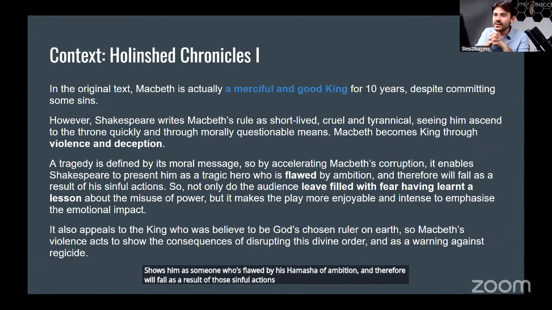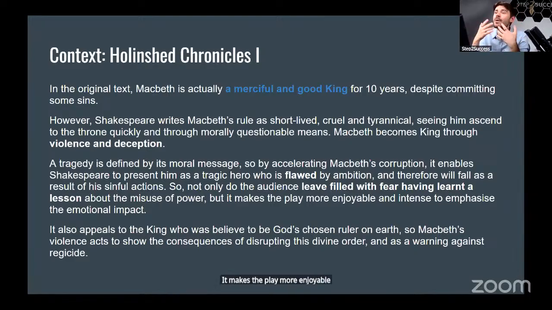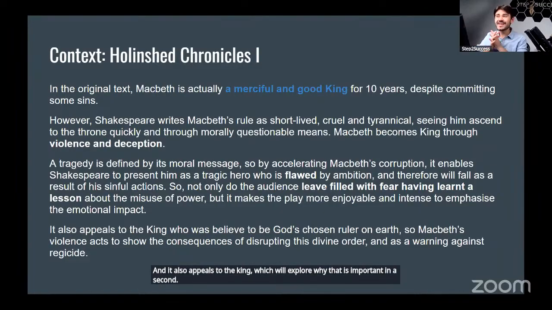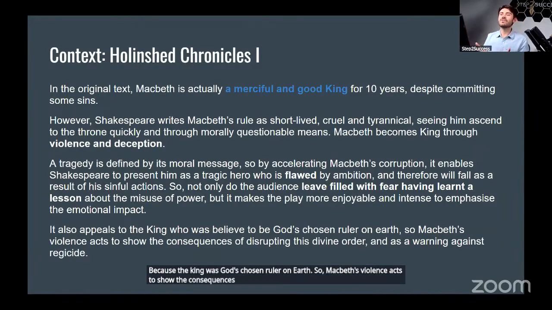So not only do the audience leave feeling fear because they're scared that they shouldn't commit bad, sinful acts, but they also learn a lesson about the misuse of power. It makes the play more enjoyable and it emphasizes that emotional impact. And it also appeals to the king, which we'll explore why that is important in a second. Because the king was God's chosen ruler on earth. So Macbeth's violence acts to show the consequences of disrupting this divine order, and we'll come back onto this.